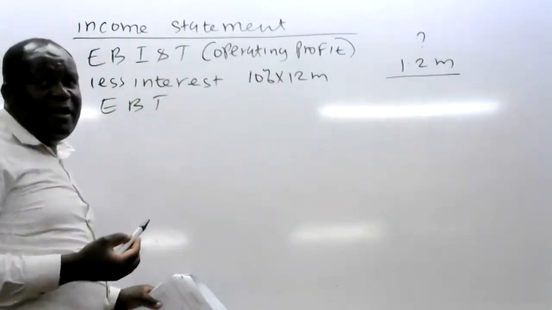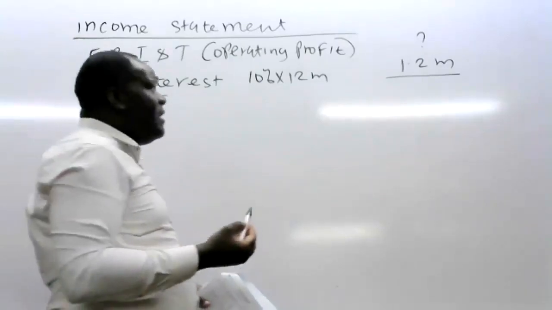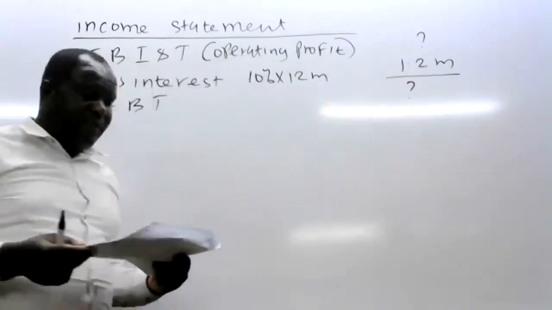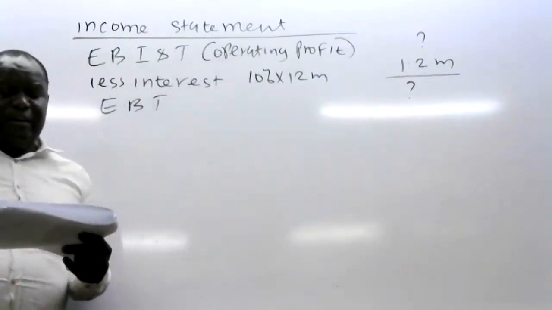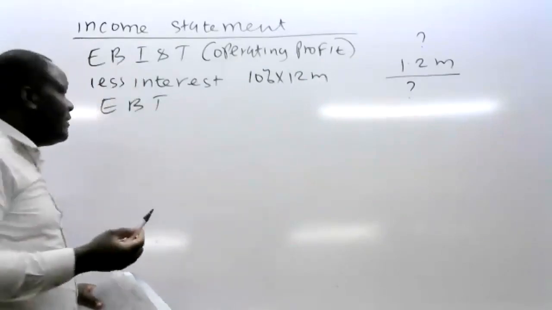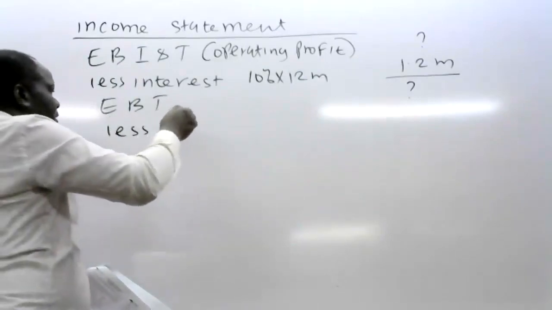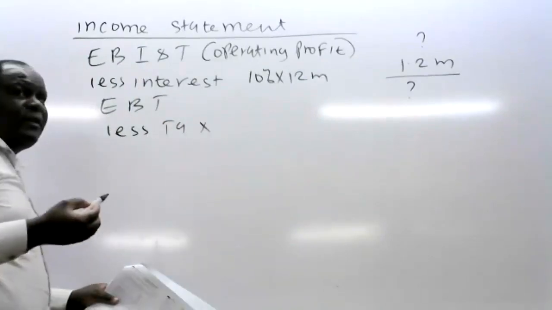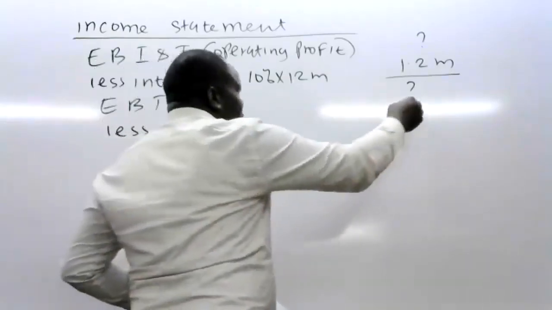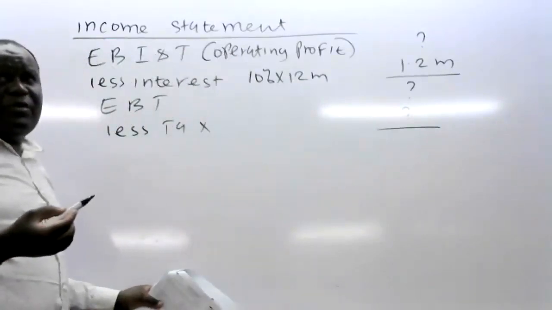Also the earnings before the tax is not given. Then we are supposed to less the tax, a figure which we don't know.